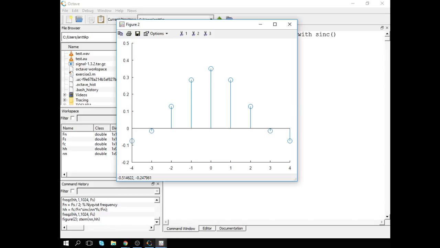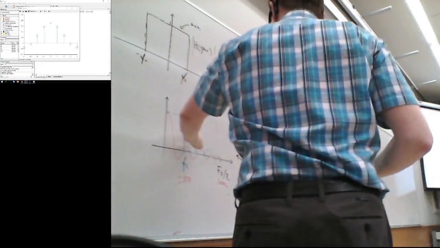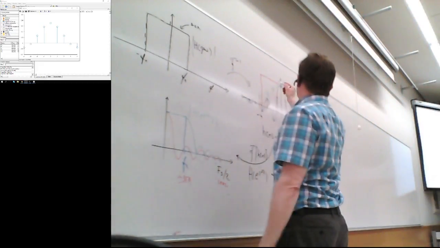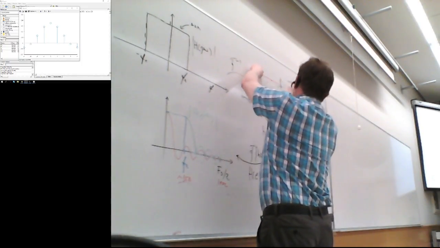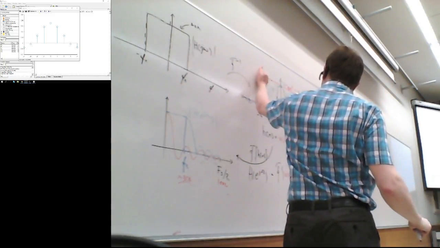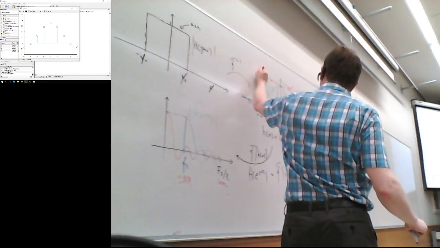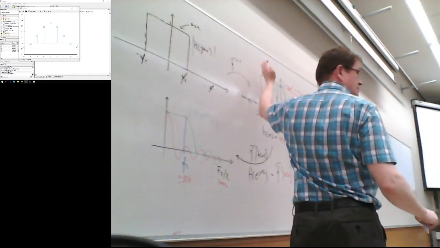Okay, let me jump back to my whiteboard. The idea how to improve my frequency response from this one is to have a smoother window shape. Somehow smoother, since these edges give the trouble. You need very high spectral components with a relatively high power to produce that kind of shape.